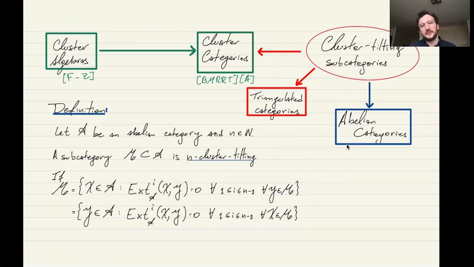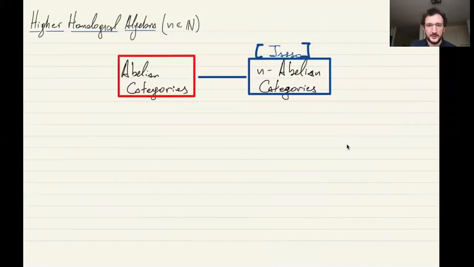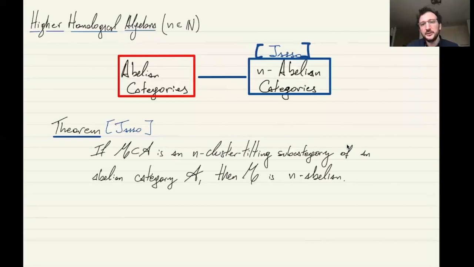So many classical objects of homological algebra were generalized from the classical setting into the higher homological algebra. For instance, the notion of n-abelian categories as a generalization of abelian categories was introduced by Jasso. I will not go into the axiomatics of n-abelian categories, but he showed that each n-cluster tilting subcategory of an abelian category A is always an n-abelian category.